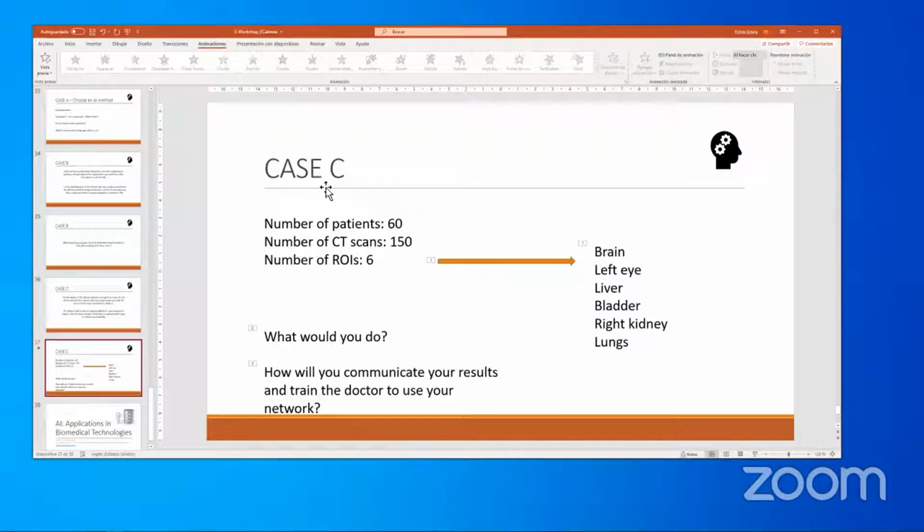So for this case, what would you do? How would you proceed with phase 2 of this clinical trial? Which AI model would you use to segment all these images and to pre-process the CT scans?